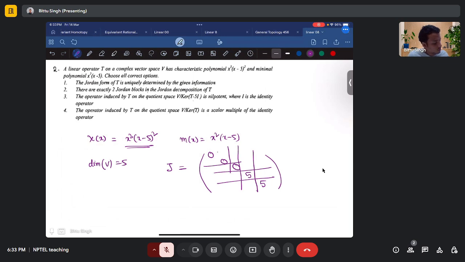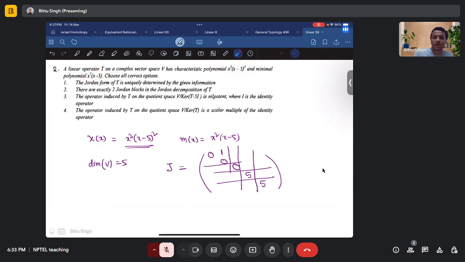Jordan blocks means just above the diagonal entries there should be some 1. So this is the Jordan form corresponding to T, and yes, it is clear that this must be uniquely determined from those two pieces of information only.